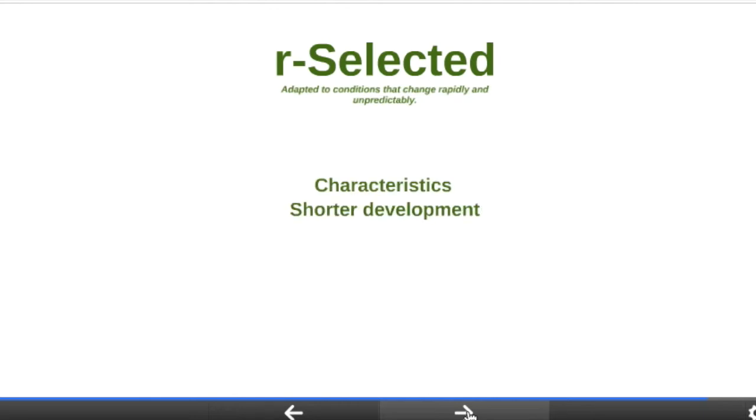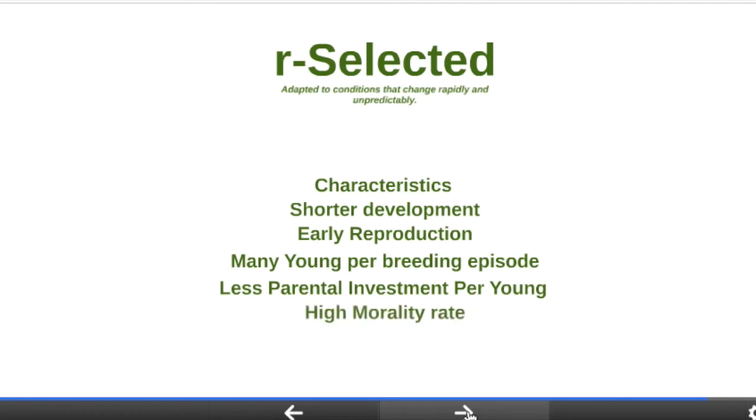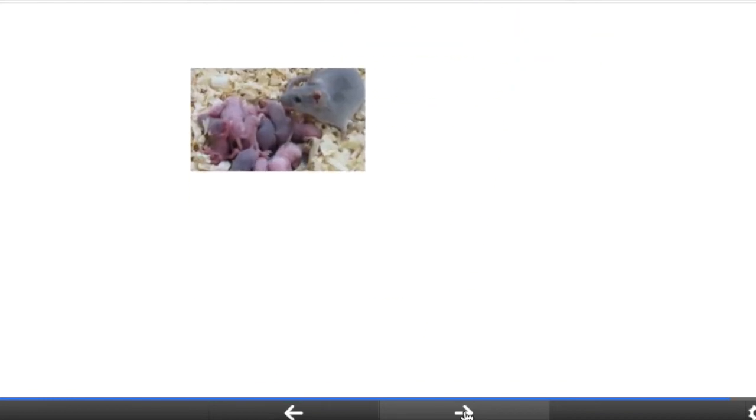Characteristics such as shorter development time, early reproduction age, many young per breeding episode, less parental investment per young, a high mortality rate, and a shorter lifespan. Examples of r-selected species would be mice and roaches.